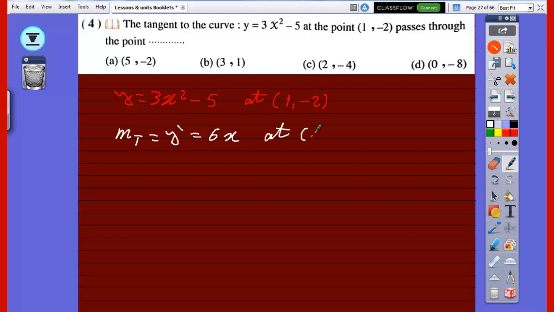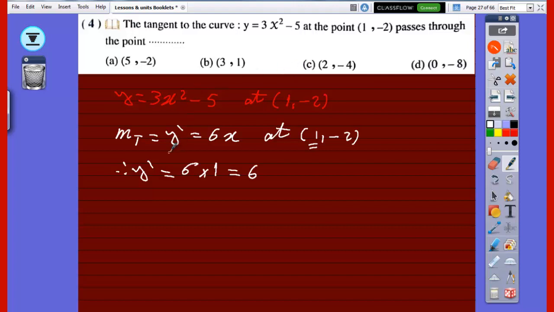At the point (1, negative 2), we have x coordinate equals 1 here. So y dash equals 6 multiplied by 1, which equals 6. Again, the tangent to the curve y equals 3x squared minus 5 at the point (1, negative 2), but through one of these points.